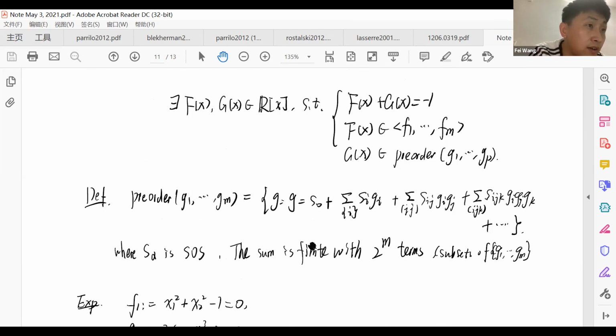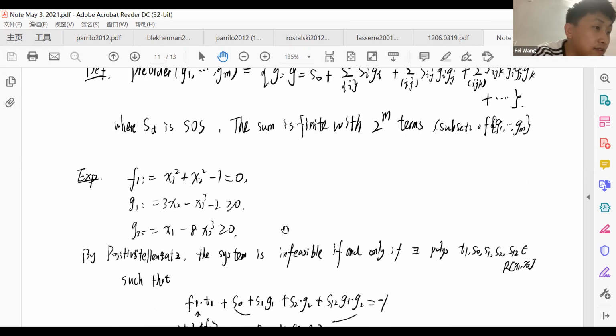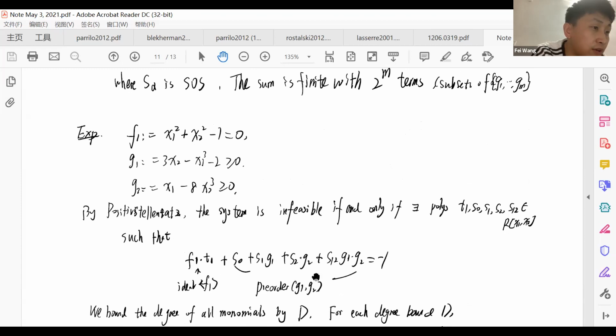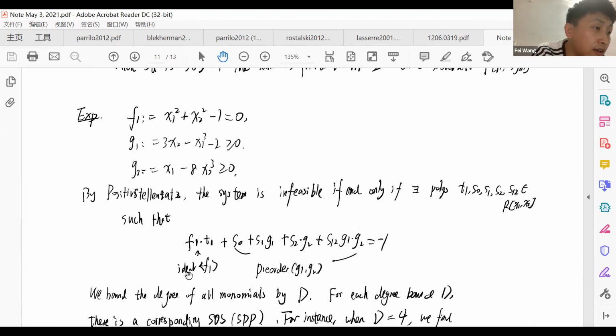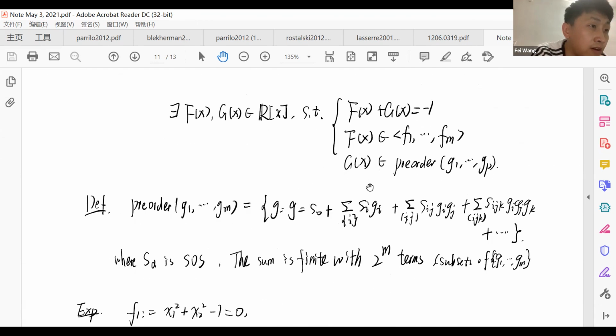This is f(x) plus g(x), where g(x) is in the preorder of g1, g2, and f(x) comes from the ideal of f1.